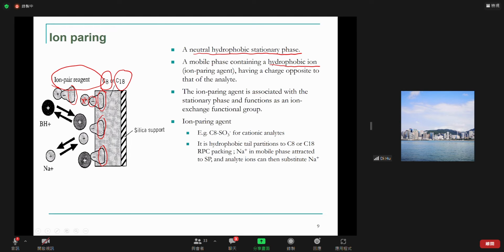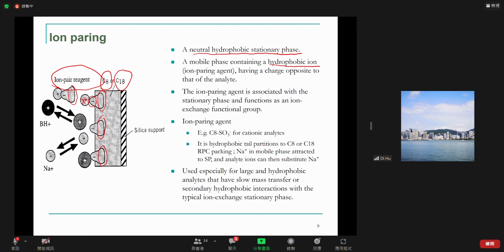Normally the ion pairing agent for this metal separation is C8 sulfonate. The C8 hydrophobic tail partitions to the reverse phase stationary phase, and the metal ions in your analyte are attracted to the negatively charged head of this ion pairing reagent, the sulfonate group, and get separated. It is used especially for large and hydrophobic analytes, which have slow mass transfer or secondary hydrophobic interactions with the typical ion exchange stationary phase.